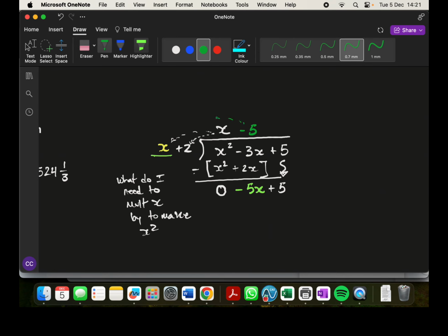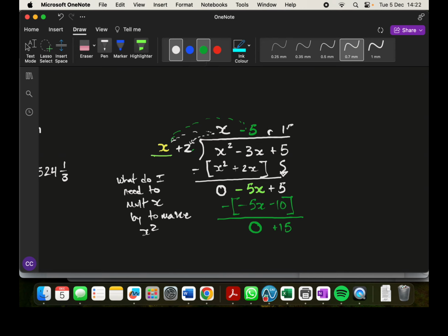So then again, I multiply through and I would have negative 5x, and negative 5 times positive 2 is negative 10. And now all I have to do is subtract. And again, this turns to 0, which is what we want to have happen. And minus negative 10 is actually plus.